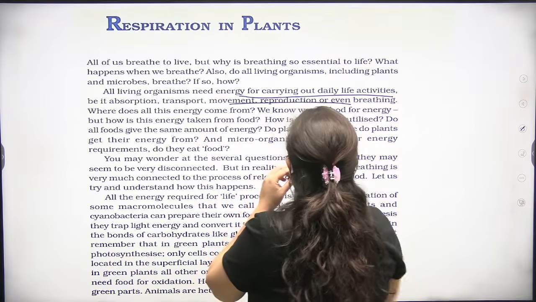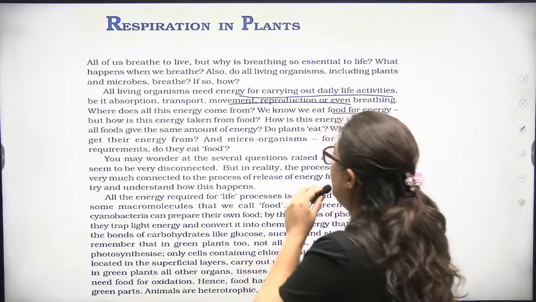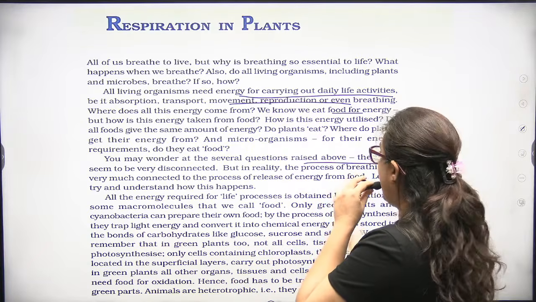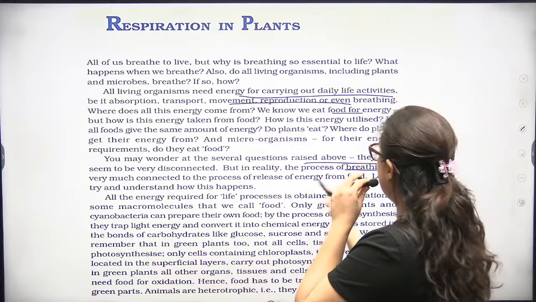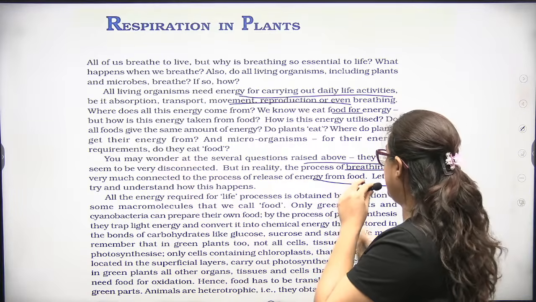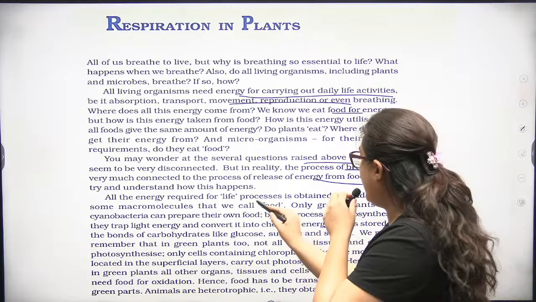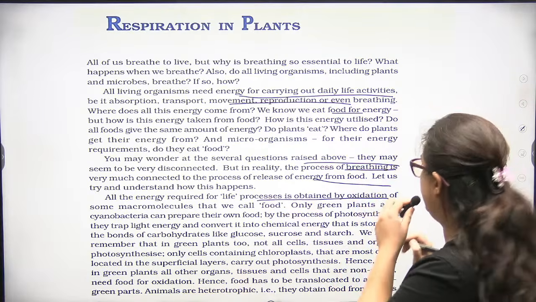Absorption, transport, movement. We know we eat food for energy. You may wonder at the several questions, but in reality, the process of breathing is very much connected to the process of release of energy from food. All the energy required for life processes is obtained by oxidation.